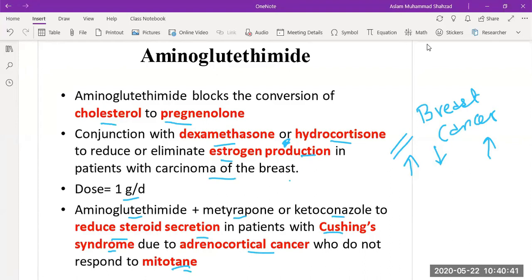They are blocking the adrenocortical hormones, and patients having Cushing syndrome can be treated with these drugs in combination with ketoconazole or metyrapone, if they do not respond to mitotane.